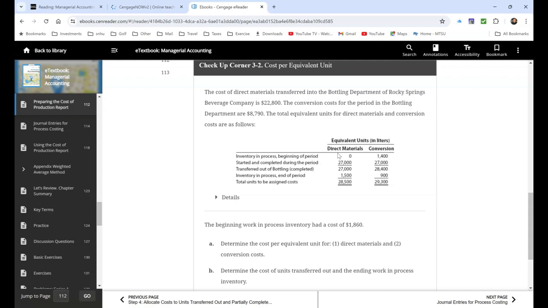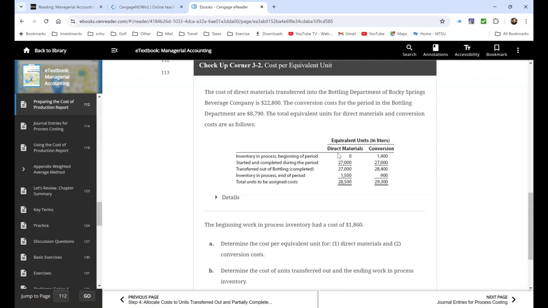You should be able to determine what is remaining in work in process inventory, and then what has to be transferred out. So you're going to be debiting work in process for materials, or crediting raw materials.